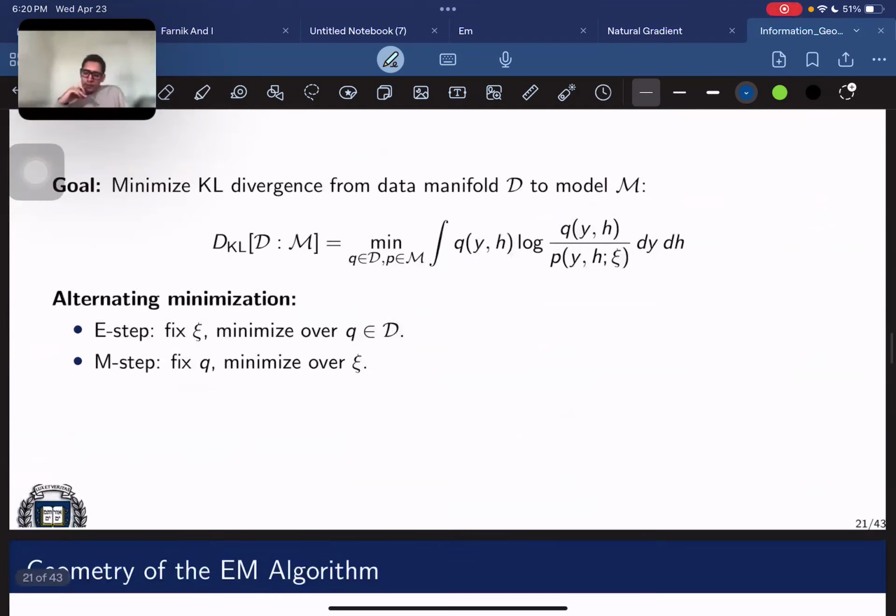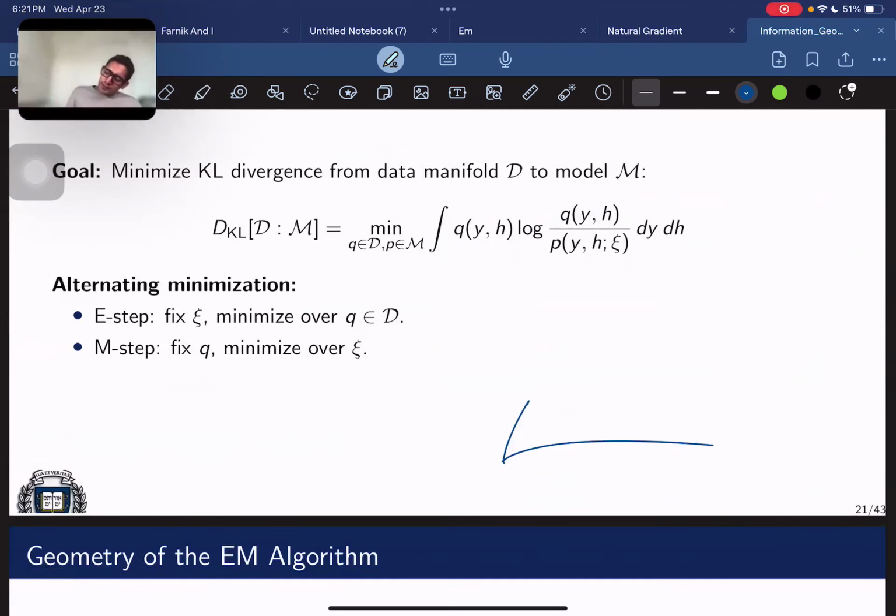So in a simple MLE problem, you had the model manifold, all the distributions parameterized with theta. You wanted to find the best theta, which was the maximum likelihood estimator from a single point.